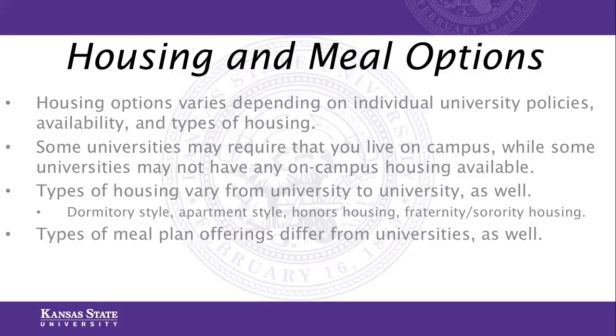Just using K-State, we have all-women's halls. So if that's something that's more comfortable, you want to ask these questions and find out what your options are in terms of living on campus and living off campus. And many universities do require on-campus housing, which I will explain a little bit later.